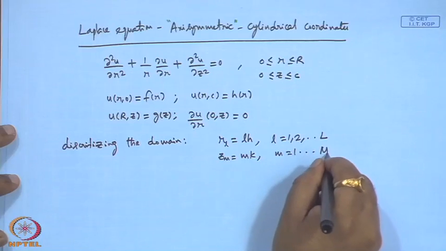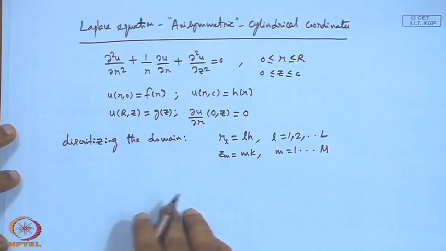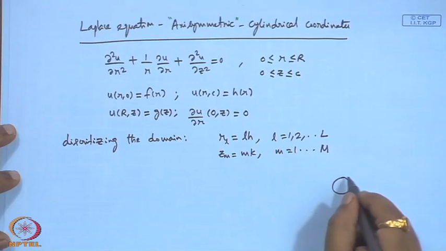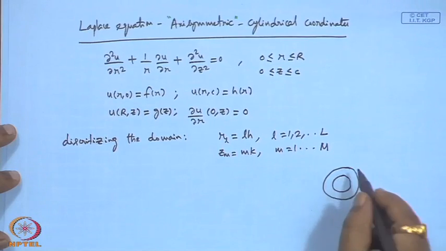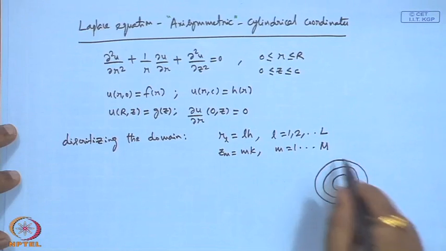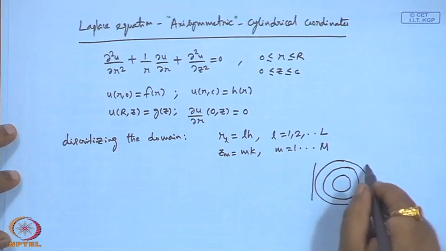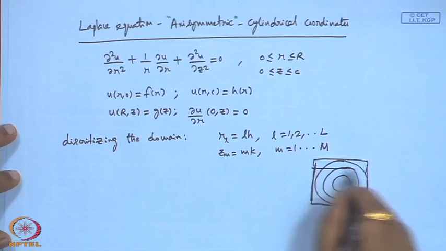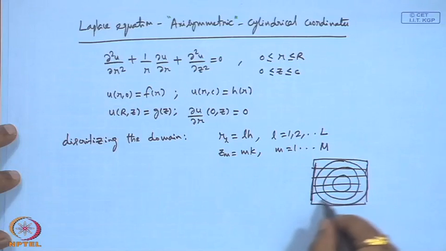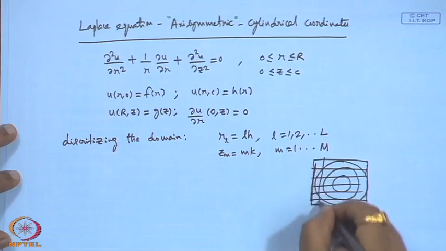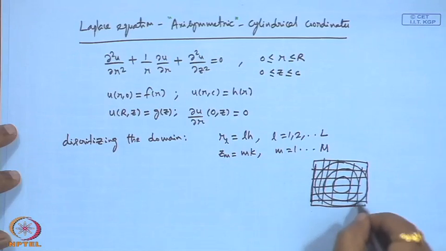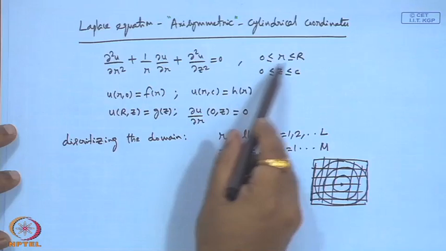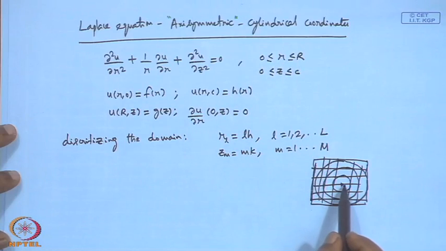Okay. So, when we have this kind of discretization, R 0 to R has been discretized as LH.